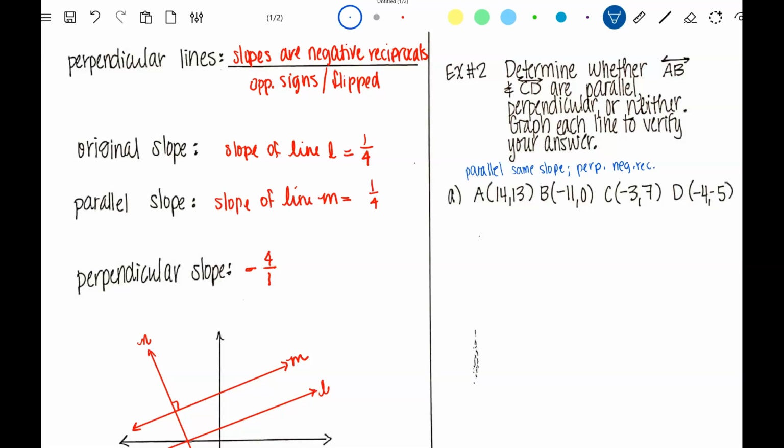Anything else is neither. Okay, so first let's find the slope of line AB. That's y minus y over x minus x. So 13 minus 0 over 14 minus -11.